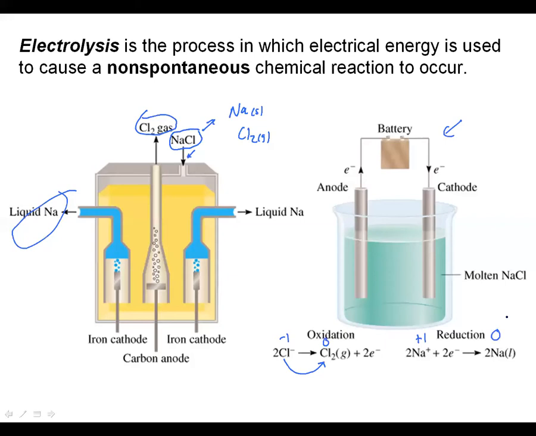So we have our oxidation and reduction reaction happening here, kind of like a traditional galvanic cell, but slightly different because we're forcing the reverse reaction to happen by providing that electrical current.